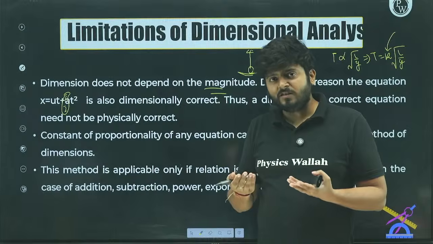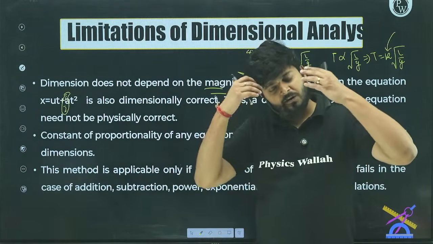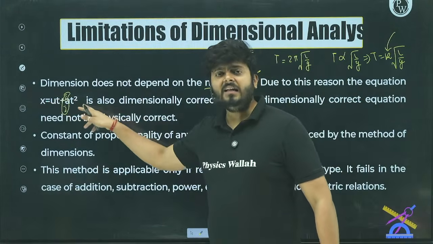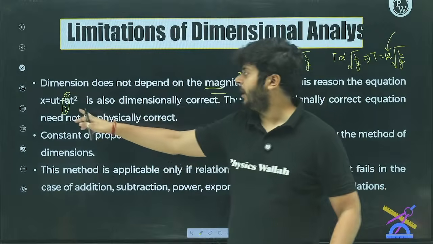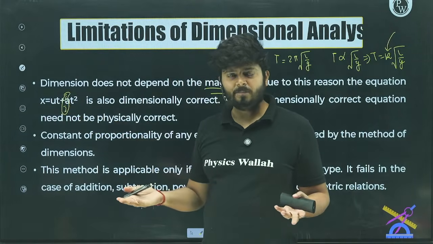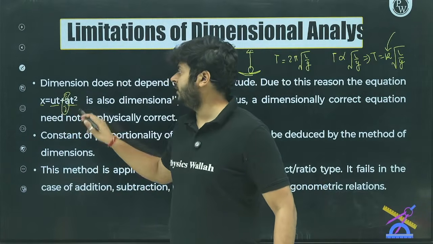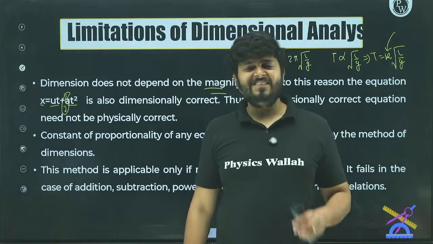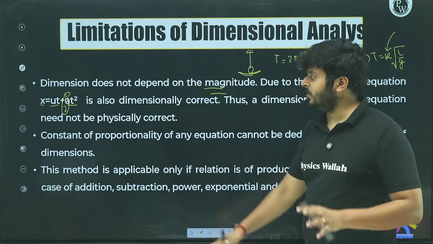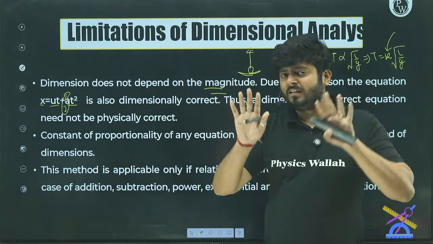But the opposite is not true: if the equation is dimensionally incorrect, that equation is by default incorrect. If you don't include this half, the dimensional accuracy is as it is, and the dimension of these quantities is still the same. So even if the equation is dimensionally correct, since the constants are not included, the equation itself is not complete, it is not correct.